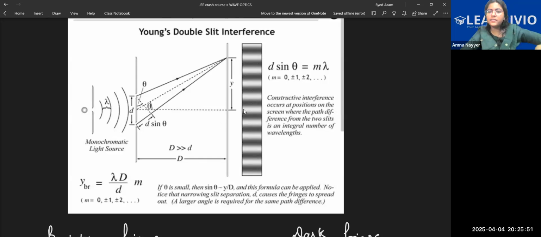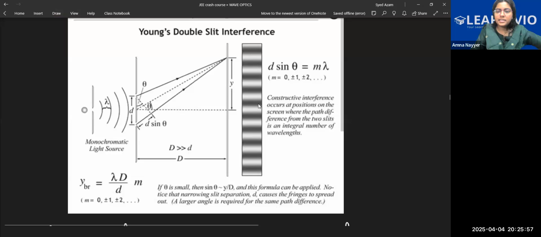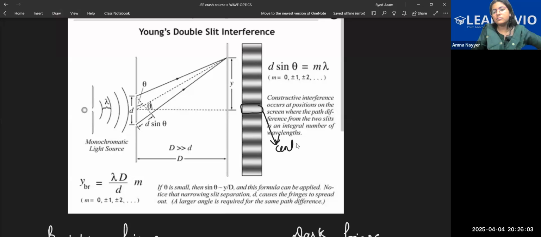So in the center, we used to get a central maxima here, this part. This is the central maximum. Maxima means two waves are coinciding, so they are constructively interfering. So that gives you this lighter colored portion, and then you have these darker portions.